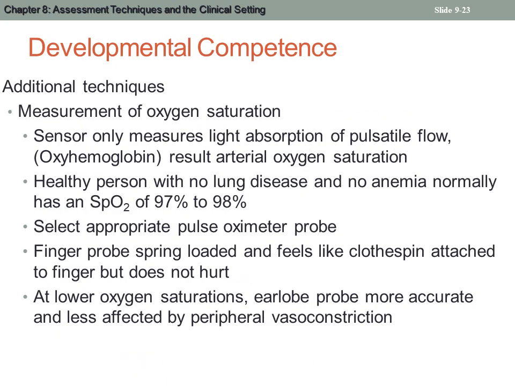Oxygen saturation is one of those other things that we could assess. We have to use an oximeter to assess it, and it gives us the percent value. As that light goes through and hits the blood vessels, it converts it to a percentage, and then we get the percentage when we read it.